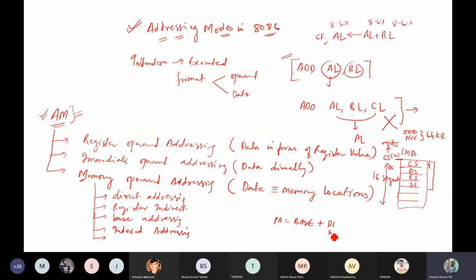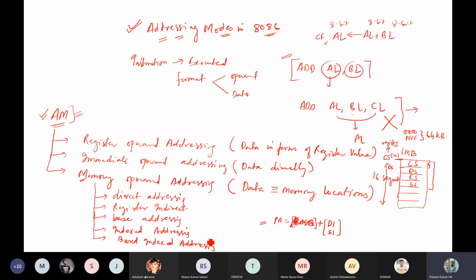If we use only the index registers with no base, that is index addressing. The next type is based index addressing, where we use a base register along with the index registers. This is how we access the memory.